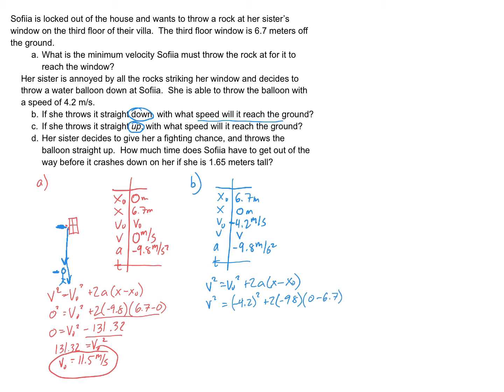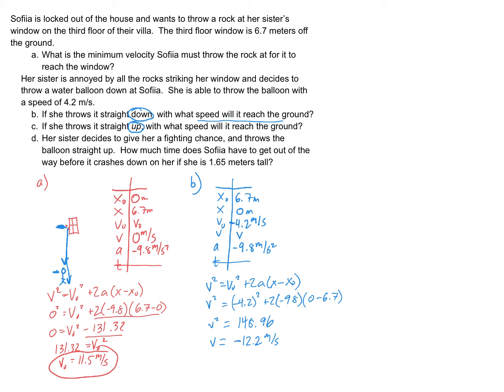I can calculate each of these things, the 4.2 squared. Type all this into your calculator; I'm not going to take time to do that. When you type all that in, you should hopefully get 148.96, just like that. And we end up then square rooting both sides, and we should get that V equals positive or negative 12.2 meters per second.